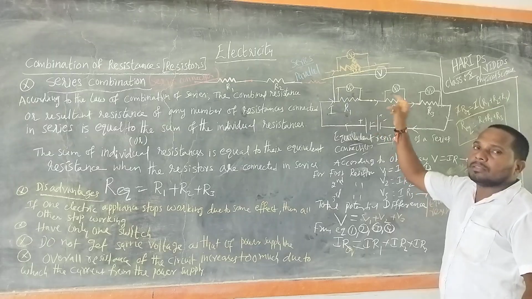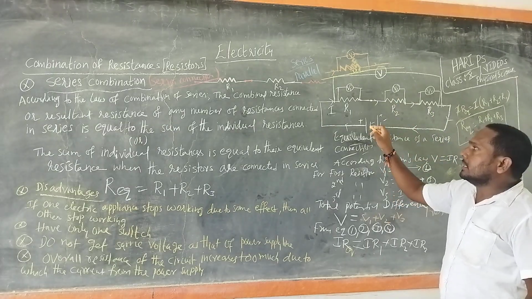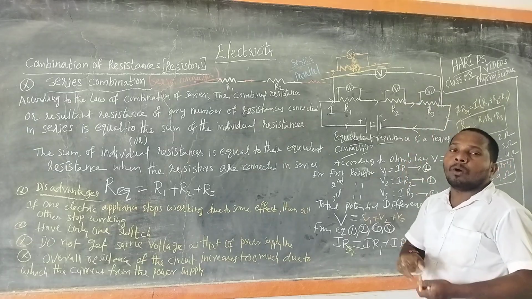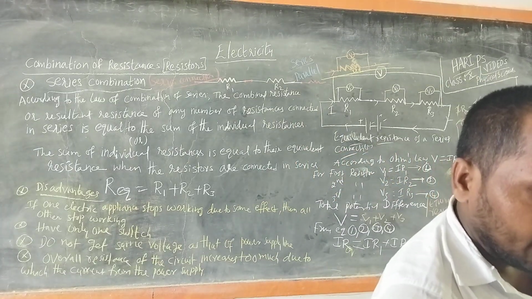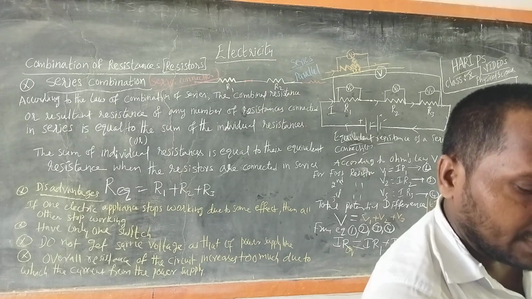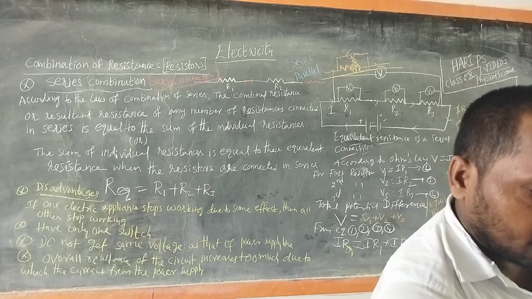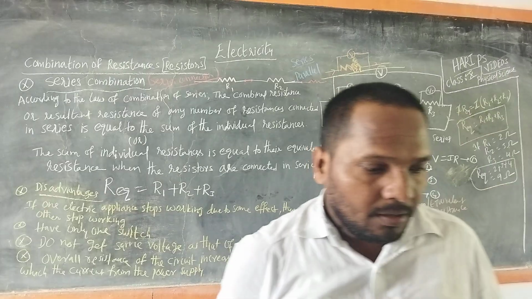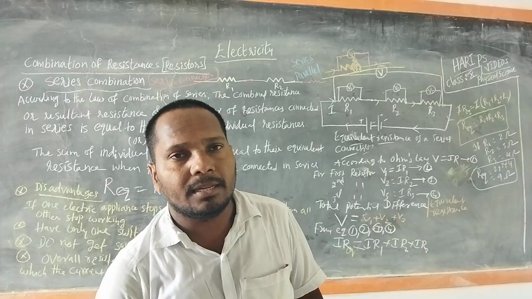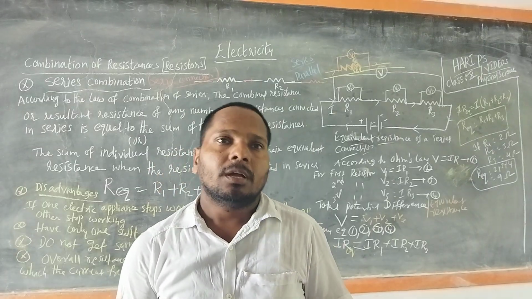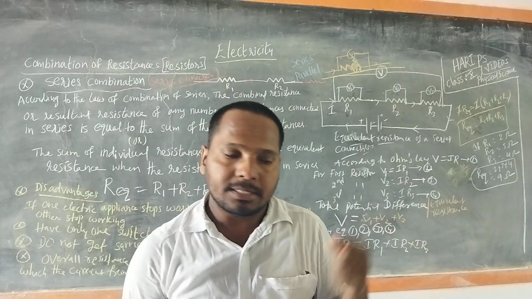The remaining ones also stop working, because there is only one direction of electric current. For example, if three bulbs are connected in series and one bulb is fused, then the circuit breaks and no electric current passes in the circuit.